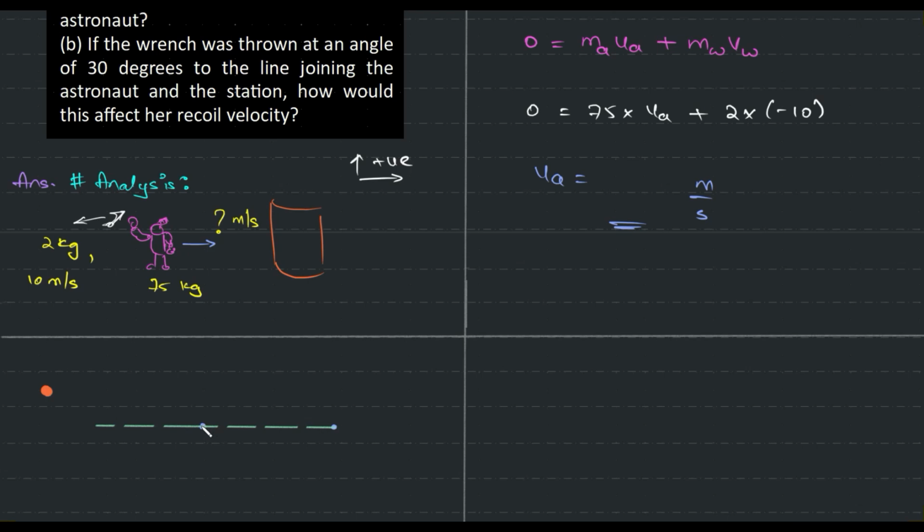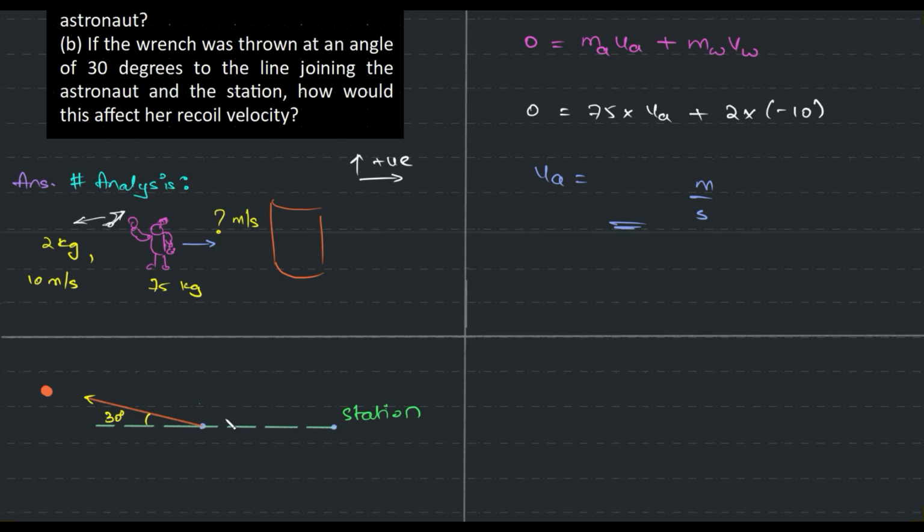So instead of throwing straight away, she threw at an angle of 30 degrees. See over here, this is 30 degrees. This is your station, and that's your astronaut. Now, same thing, this is also 10 meter per second.